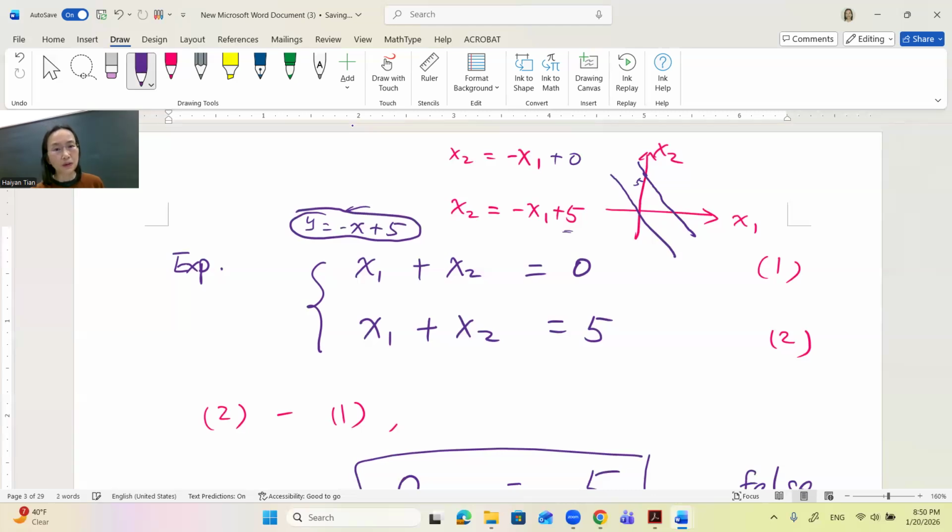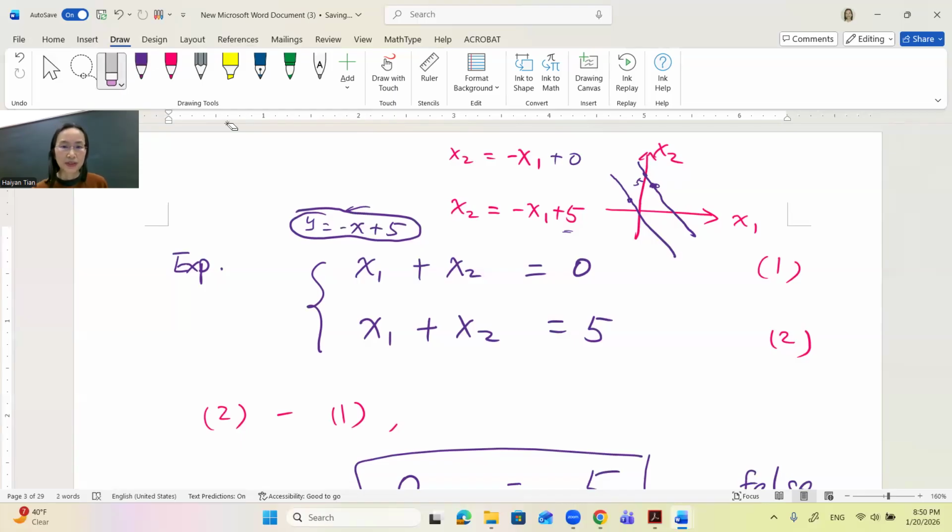So these two are parallel lines, and they will never intersect each other. That means a point on the first line cannot be a point on the other line. Whenever it is a solution of the first equation, it cannot be a solution of the second equation.